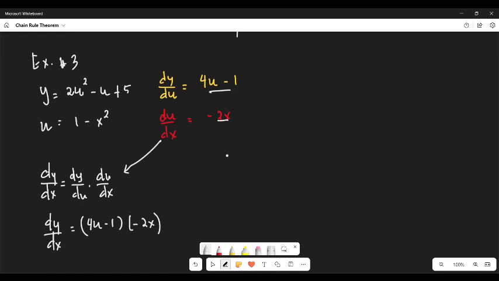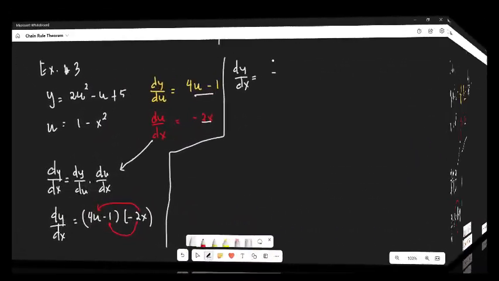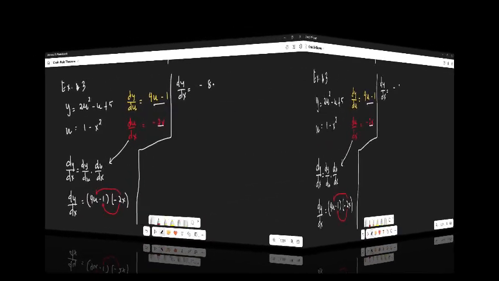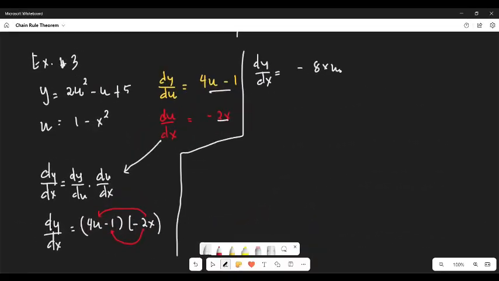We can distribute negative 2x inside the parentheses of 4u and negative 1. Negative 2 times 4 is negative 8, so minus 8xu, and negative 1 times negative 2x is positive 2x.